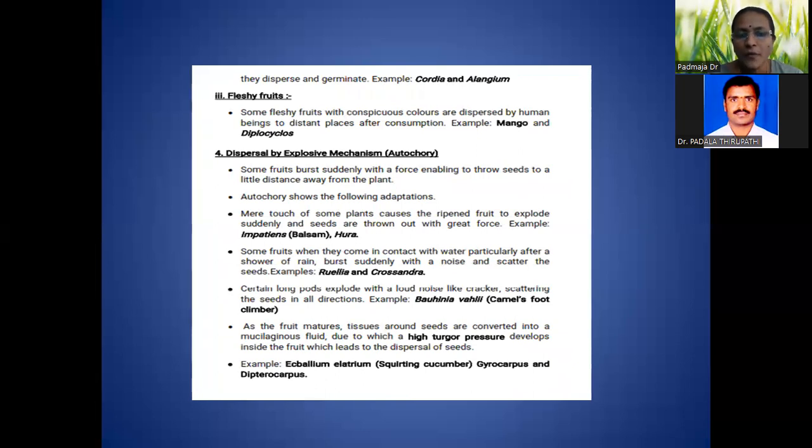So after eating, we will throw the seeds of those fruits. That may also be helpful for the dispersal. And the dispersal by explosive mechanism, this is a wonderful mechanism we are seeing in nature. That means here the nature itself is helping the fruits with a beautiful explosive mechanism.